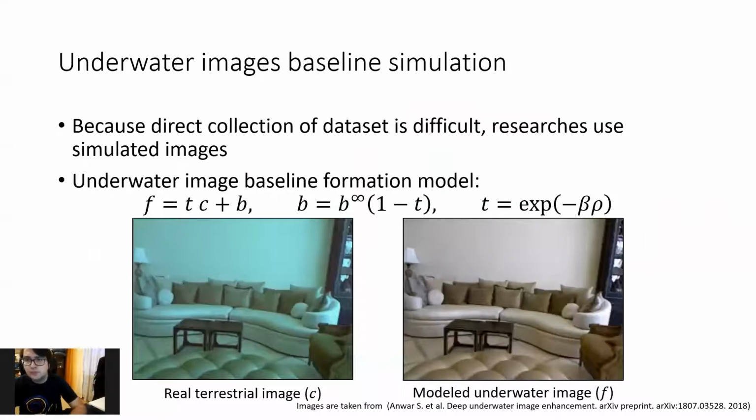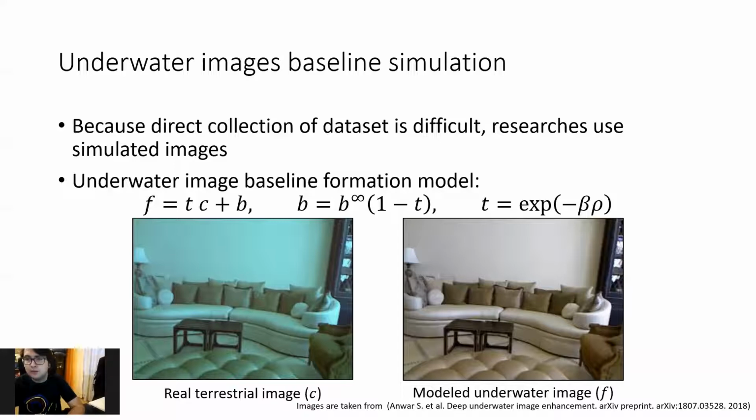To evaluate according to this approach, we need a special data set. The problem is that direct collection of such a data set is difficult, and that is why the simulation of underwater images based on terrestrial images is widely used.